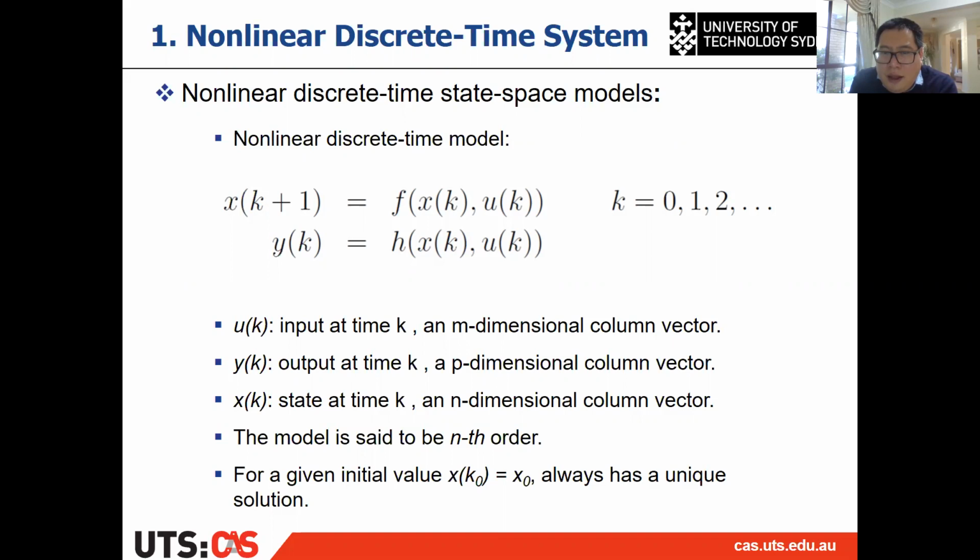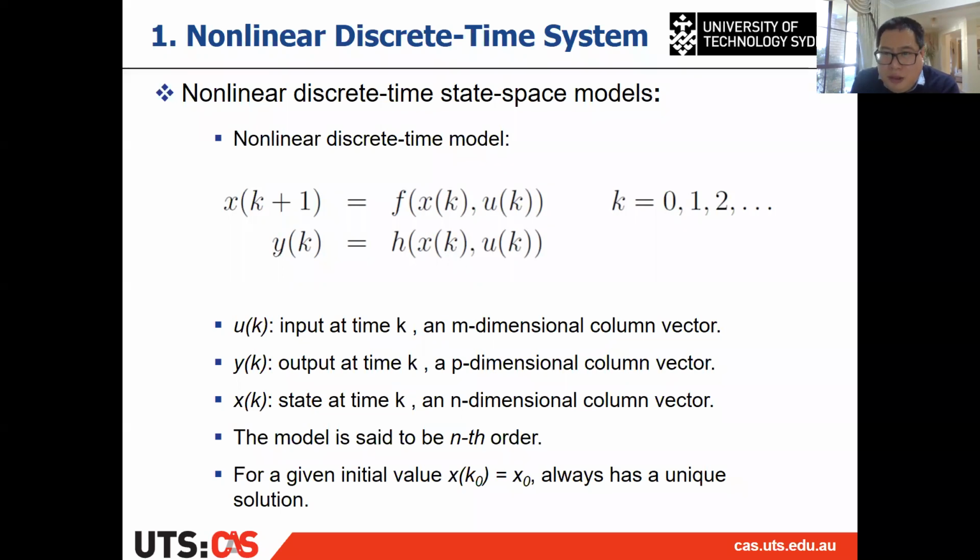And the function h is also a nonlinear function for the output. And again, x, y, and u can be multiple variables as well. All right, so that is the nonlinear discrete time system.